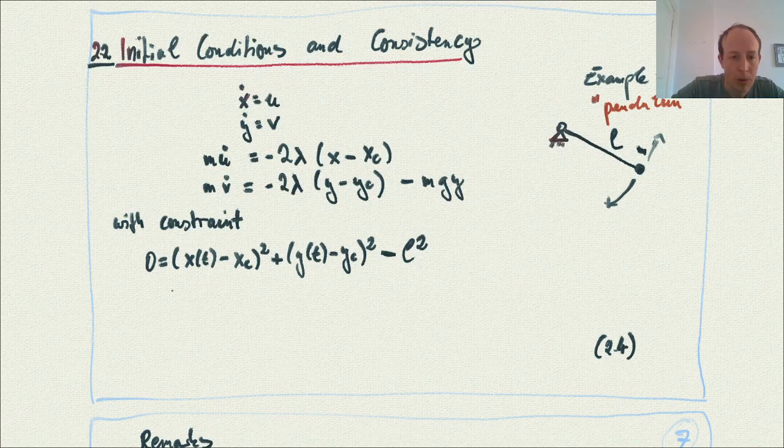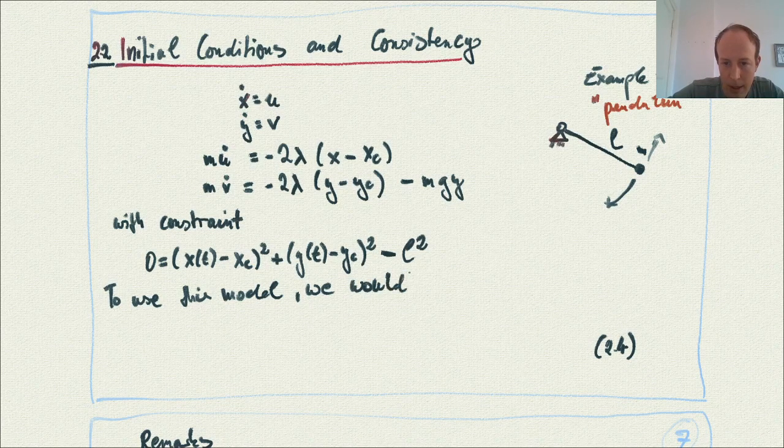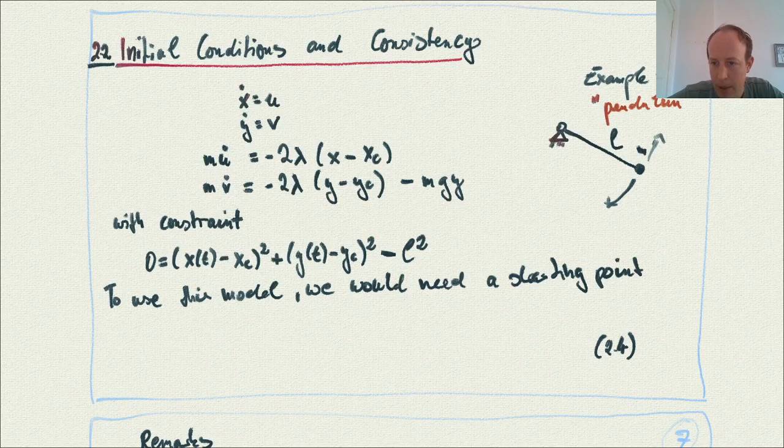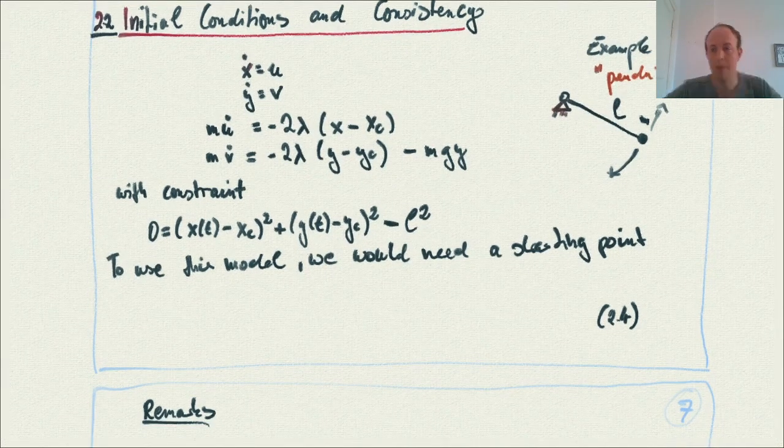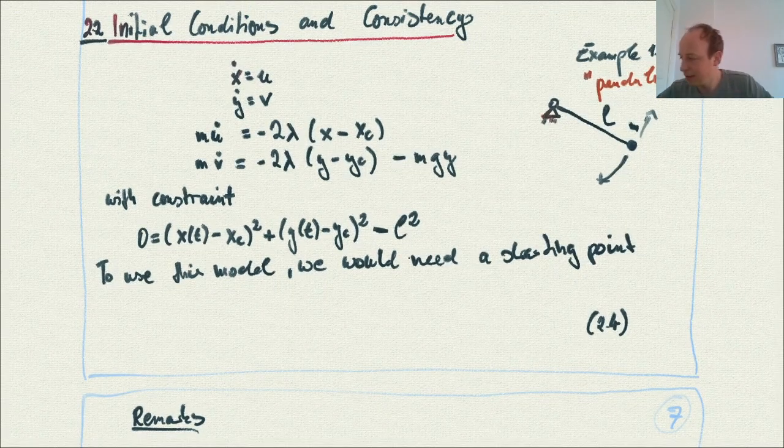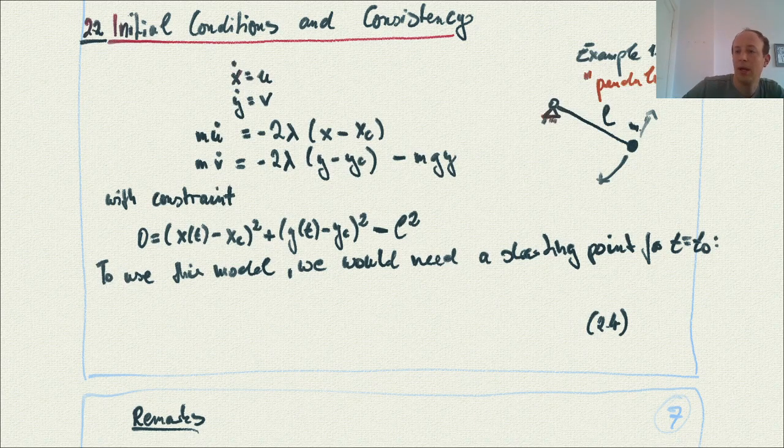So to use this model for prediction, we would need a starting point, meaning for t equal t0, we have to give the positions of this mass as well as the velocities.